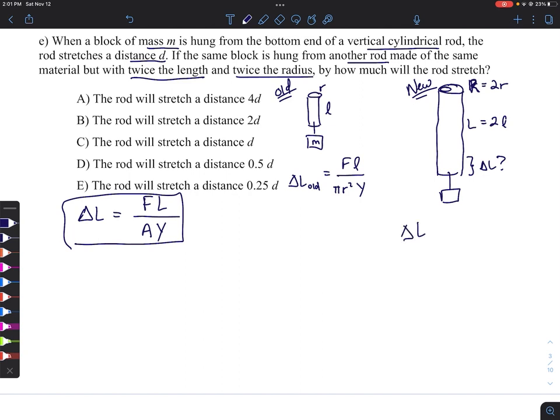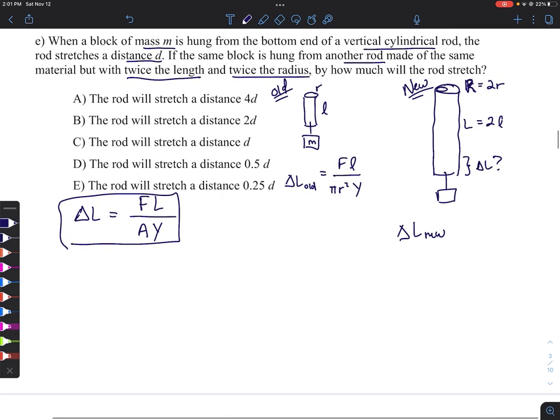In the new case, delta L new is equal to the force applied, which is mg, so it's the same F as we have over here, times its L, divided by pi r squared Y.